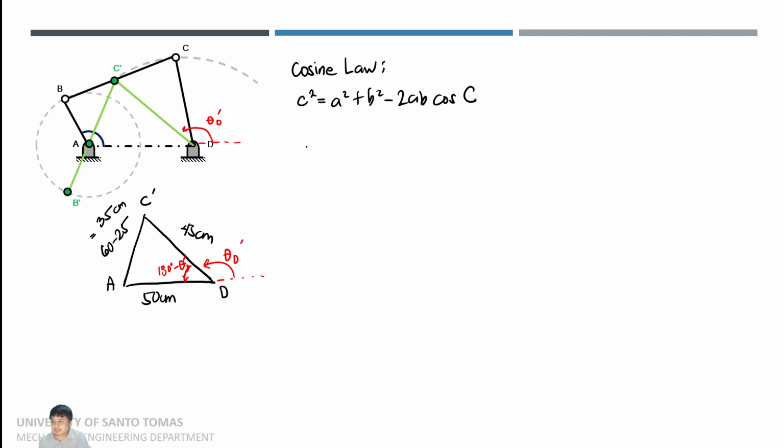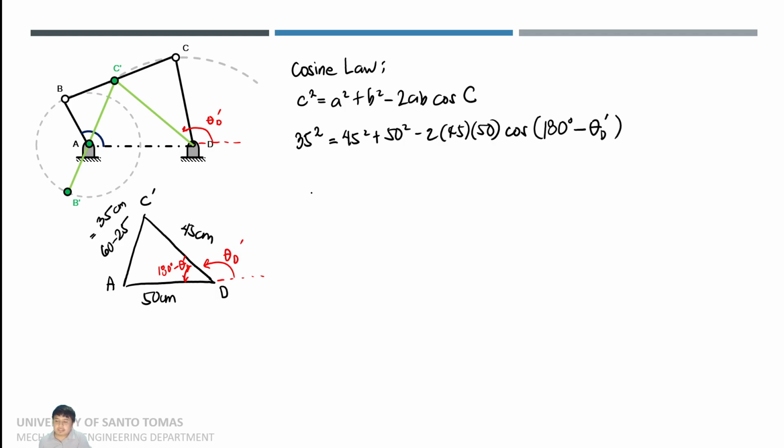So we can write this down directly: 35 centimeters squared equals 45 squared plus 50 squared minus 2 times 45 and 50 times cosine C. The angle C here is 180 degrees minus theta D prime.